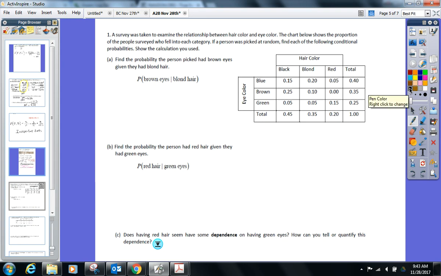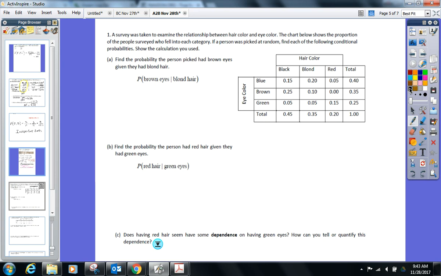I am going to help you out with the independent-dependent stuff, but I want to see you guys, as far as review purposes go, find these conditional probabilities I'm going to give you. I gave you a two-way table with the probabilities already in there. We're comparing hair color and eye color now. So what I need you and your group to do first is the following. Find the probability you're going to have brown eyes given you already have blonde hair.